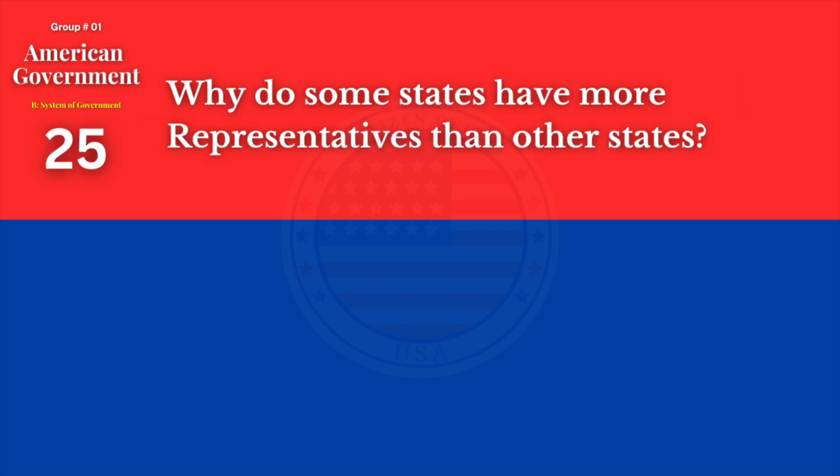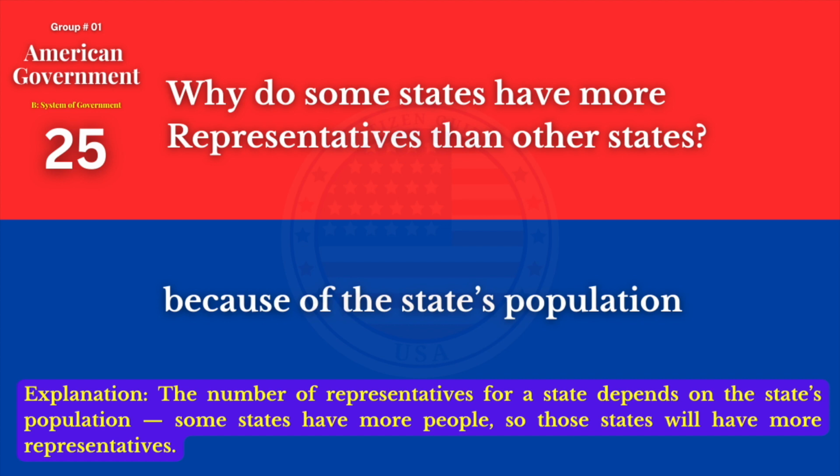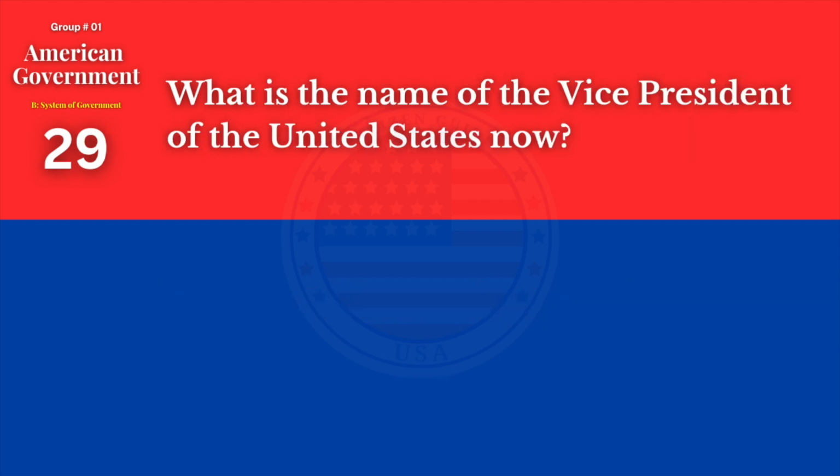Why do some states have more representatives than other states? Because of the state's population. What is the name of the Vice President of the United States now? Kamala Harris.